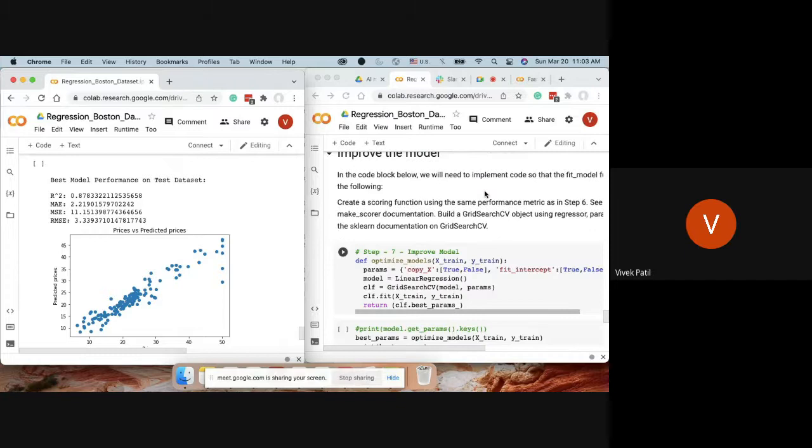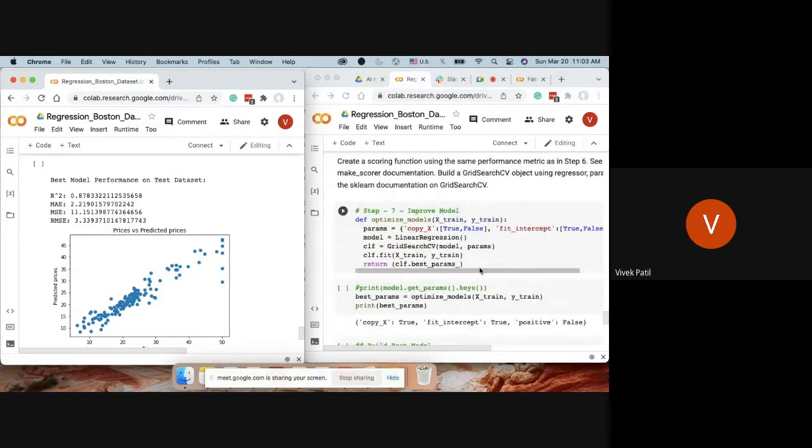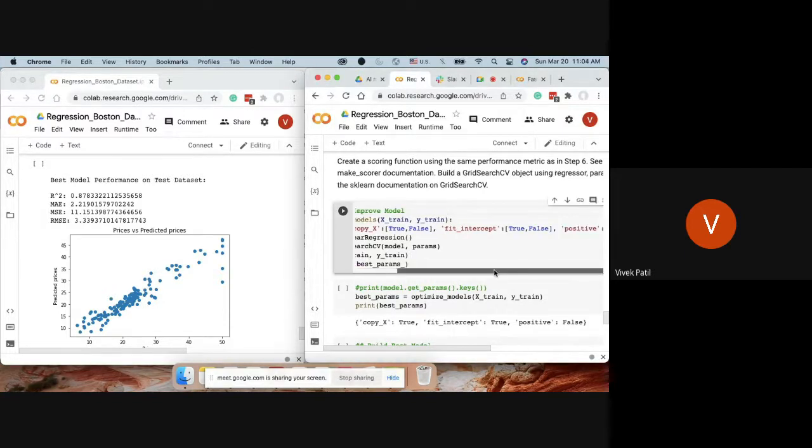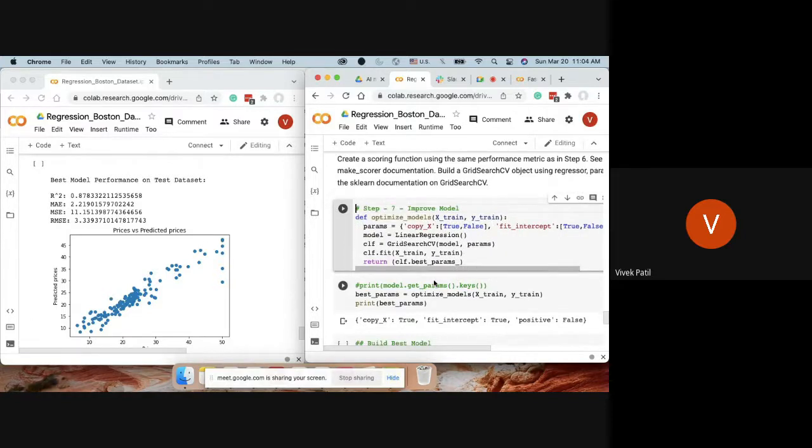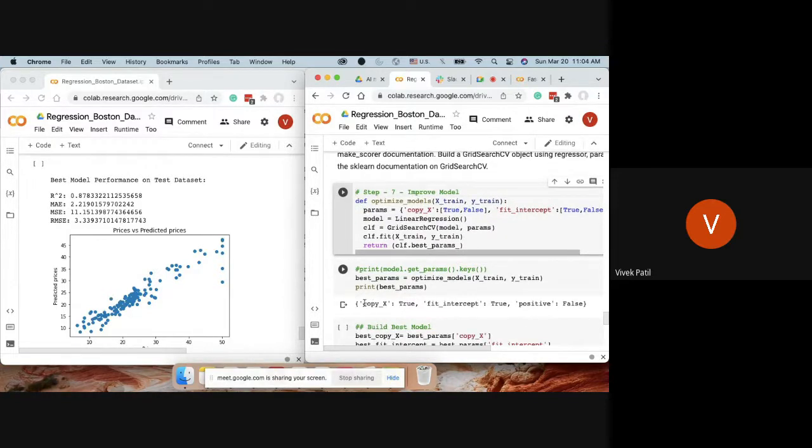For the linear model, I tried to get the best parameters and looked at the documentation of linear regression. I found a few parameters like fit intercept, positive and copy X, and then got the best parameters.